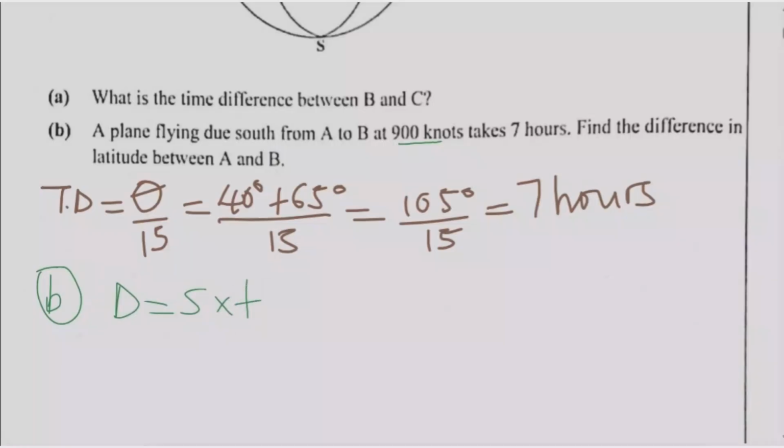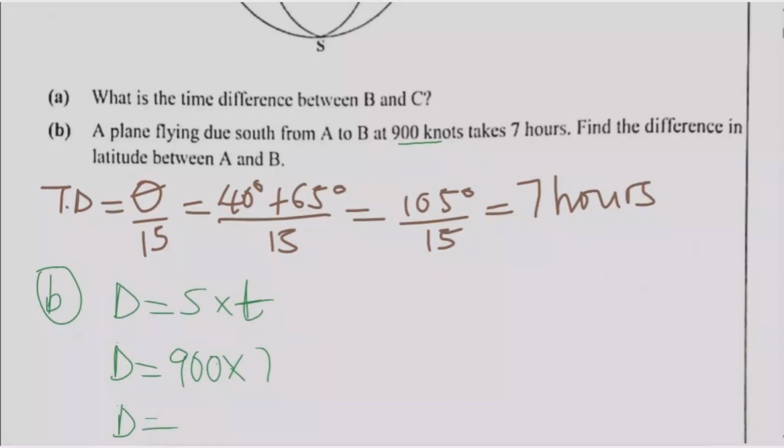Speed is 900 knots, and time is 7 hours. Remember, this T is for time. So when we multiply 9 times 7, let's ignore the zeros first.